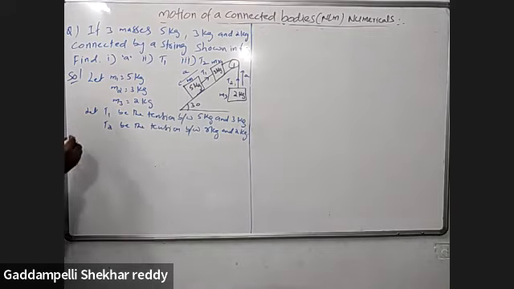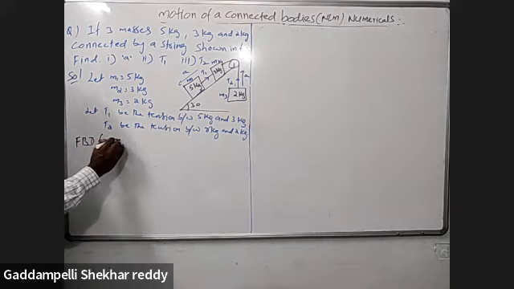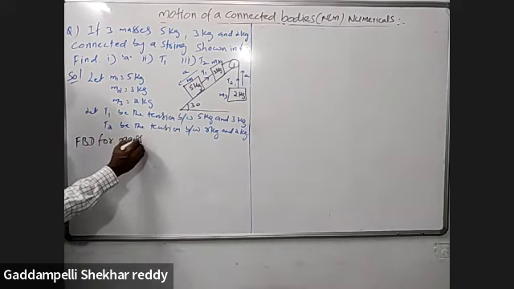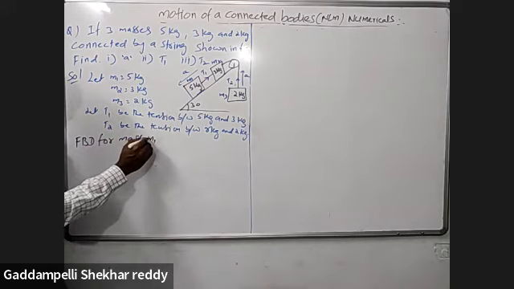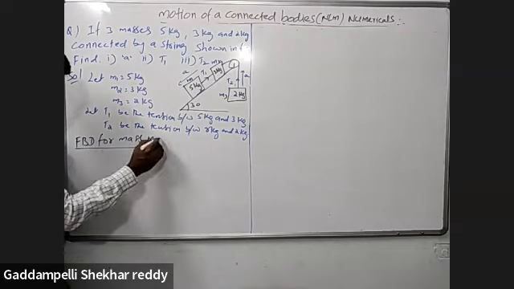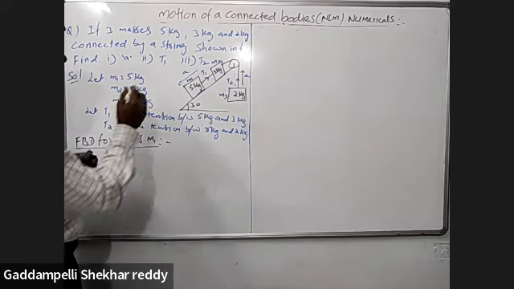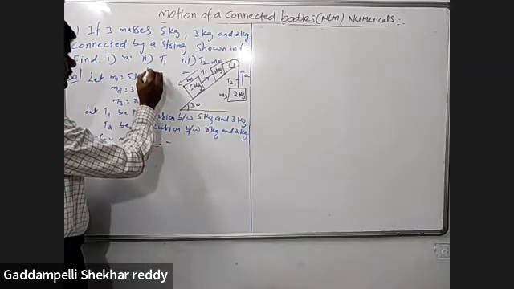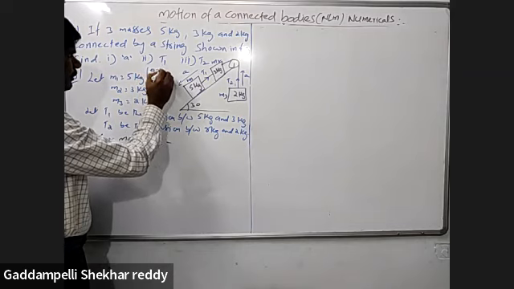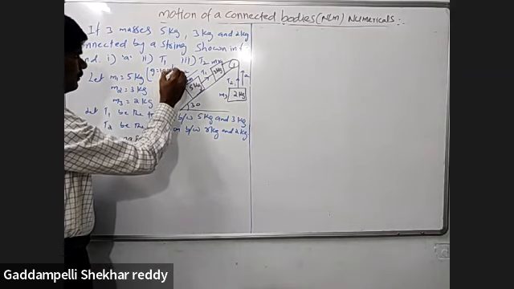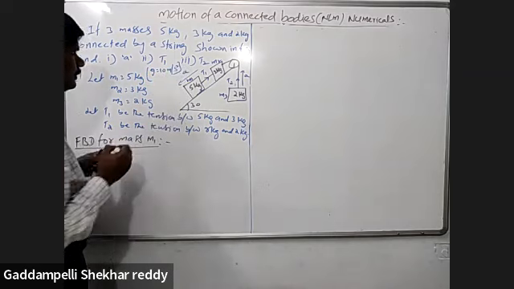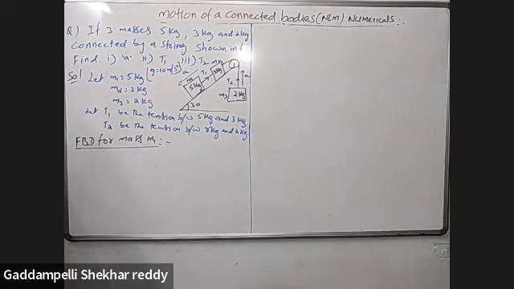Now the FBD for mass M1. At the same time, g is also given as 10 meter per second square.